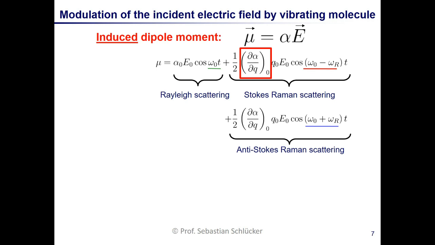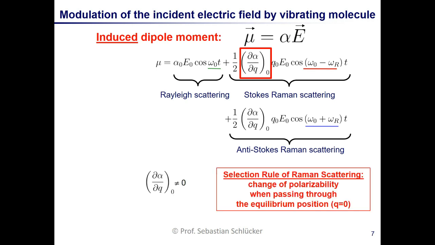And the necessary condition for observing Raman scattering means that this term, d alpha by dQ in brackets at the equilibrium position Q equals 0, must be different from 0. So this partial derivative must be different from 0 to be able to observe Raman scattering.